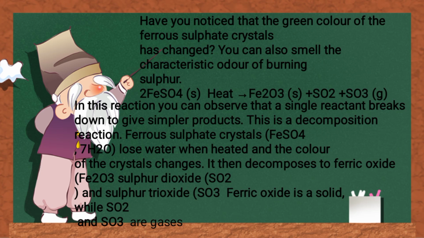Ferrous sulfate crystals lose water when heated and the color of the crystals changes. It then decomposes to ferric oxide, sulfur dioxide and sulfur trioxide. Ferric oxide is a solid. Sulfur dioxide and sulfur trioxide are gases.